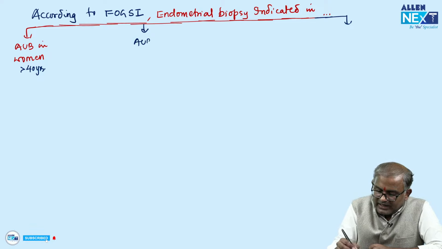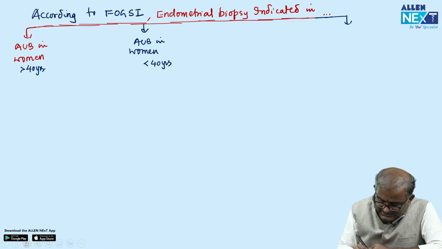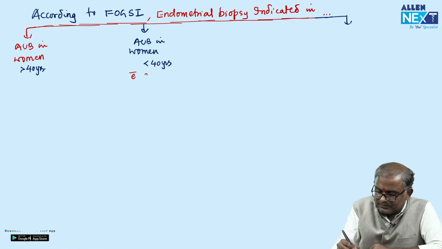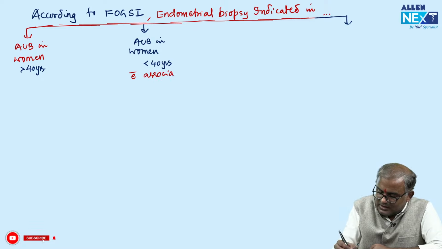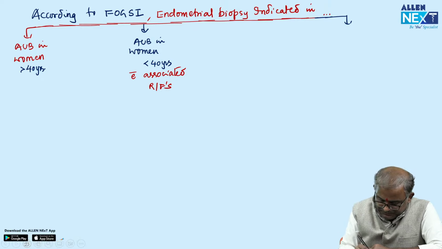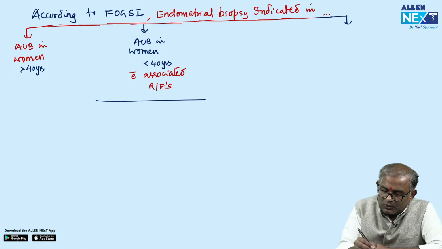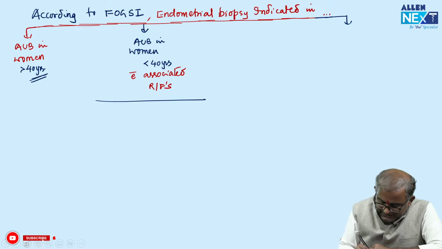Then AUB in women less than 40 years with associated risk factors. Please make a note of it. AUB in women more than 40 years definitely requires endometrial assessment.